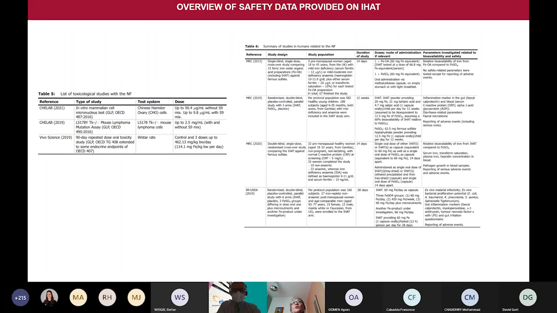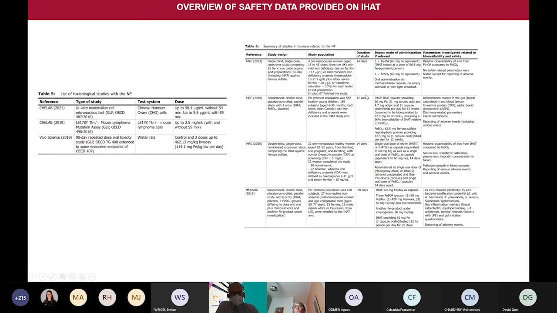Yes, and this is the overview of the safety data that were provided. So we needed to have a micronucleus test that was done in Calab, a mouse lymphoma cell assay, the 90-day repeated dose oral toxicity. I am proposing you the cross where these studies were done because they are experienced in the field of nanoparticles.